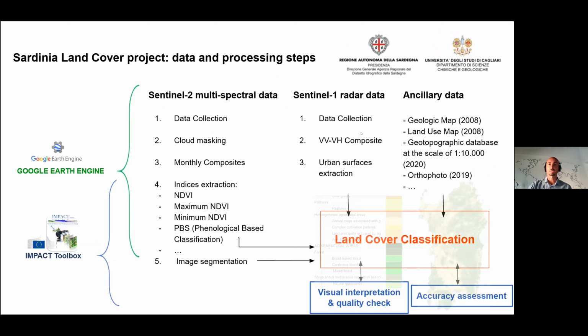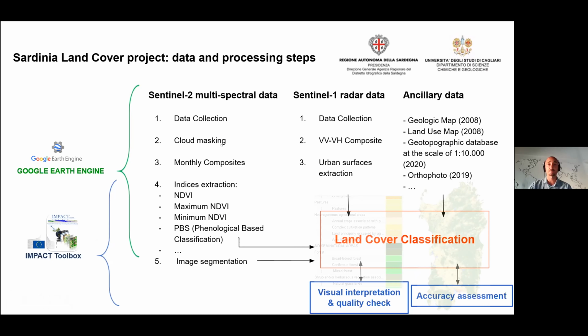How the project has been structured right now, in this preliminary phase of data collection and data processing: via the Google Earth Engine platform, we collect a lot of Sentinel-2 multispectral data, red, green, blue, near infrared, SWIR 1, SWIR 2.